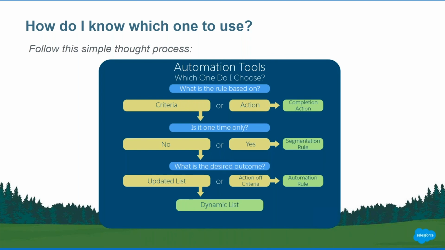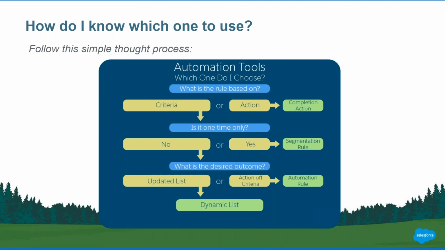If your desired outcome for your automation, on the other hand, is to perform a certain action based on the criteria, such as creating Salesforce tasks, sending an email, updating a field for that particular prospect, assigning that prospect in CRM, or adding them to a campaign, or basically any other action aside from updating the list, then you use automation rules. The automation rule is kind of your final catch-all.